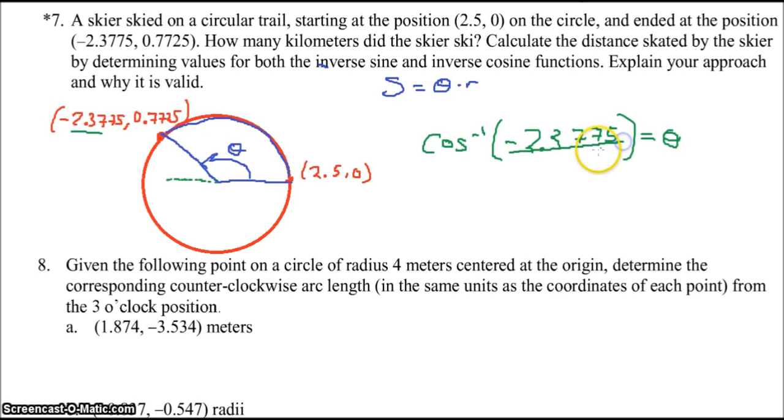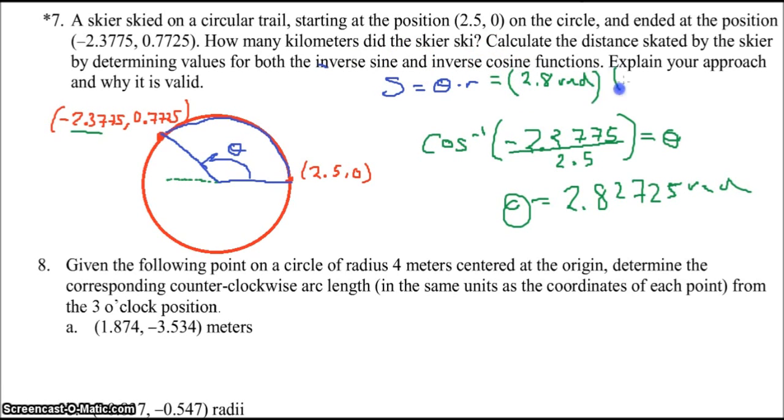We have to divide by the radius, 2.5 kilometers. I always make that mistake for some reason. So we get theta is 2.82725 radians. Then if we multiply that by the radius, we get about 7.1 kilometers.